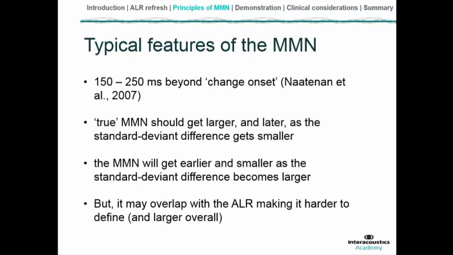But you can imagine that as the probability reduces, this has to be weighed against longer test time overall, because if you decrease the probability of the deviant occurring, you'll have to present a greater number of standards to reach the minimum number of deviant traces that you might need to average the response.